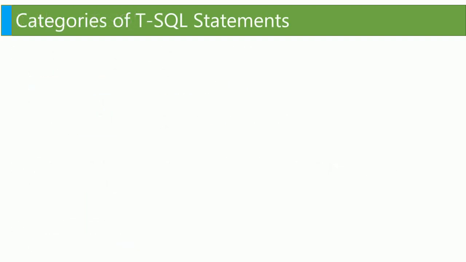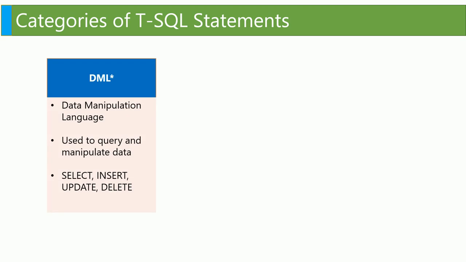Now, the categories of T-SQL elements. DML is the data manipulation language, used to query and manipulate data, with commands like select, insert, update, and delete. So we have four major types of commands: select, insert, update, and delete.